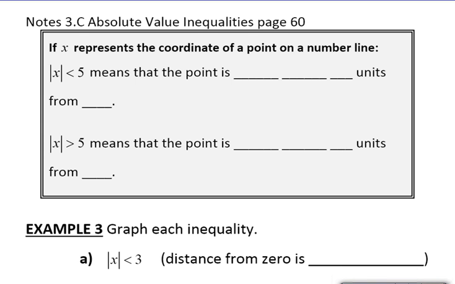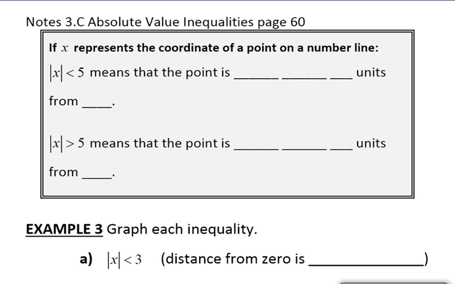So on page 60 of our notes, we're going to take a short look right now at absolute value inequalities. Again, the x is going to represent some point on a number line.